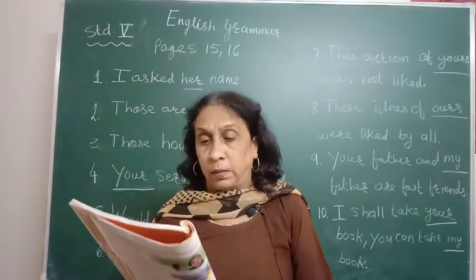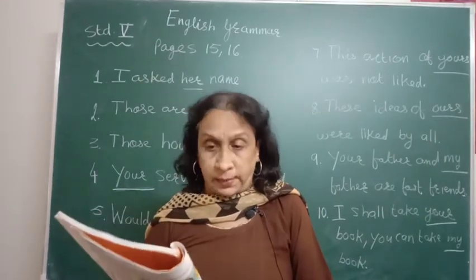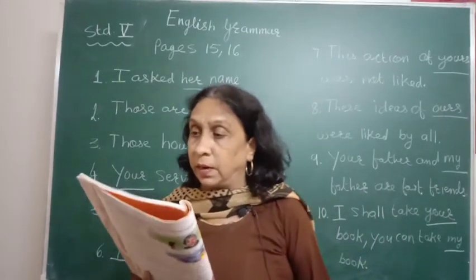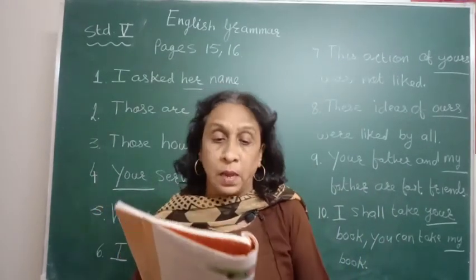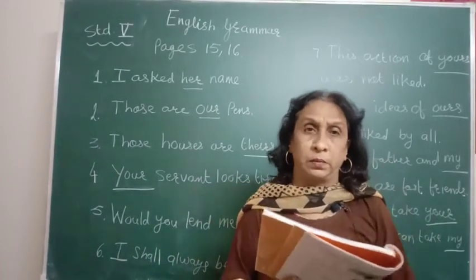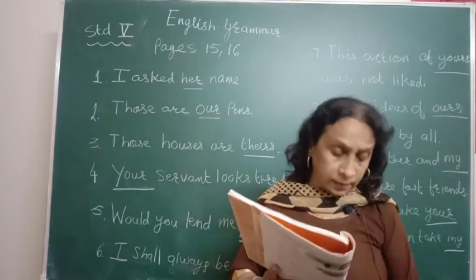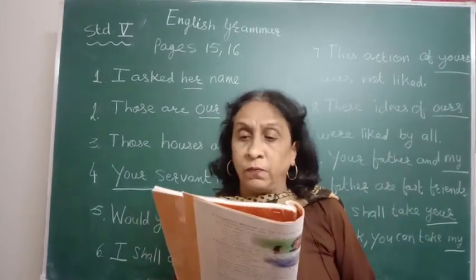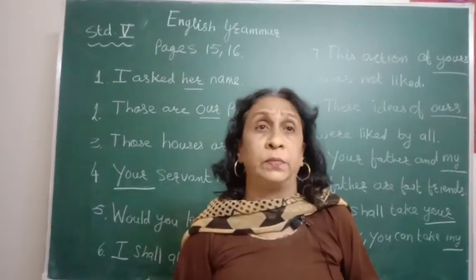Now see here. The first exercise is: identify the types of adjectives underlined in the following sentences. For sentences 1 to 8, all the first words are underlined. You have to find out what type of adjective it is.